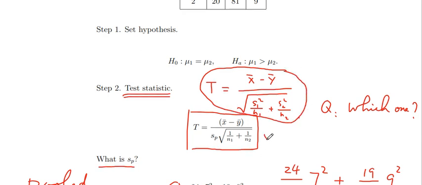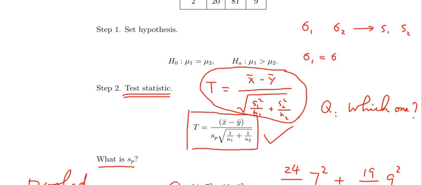This one exactly follows a t distribution. Why? Because here we replace two sigmas, sigma 1 and sigma 2, by S1 and S2. In this case, we just replace one sigma.